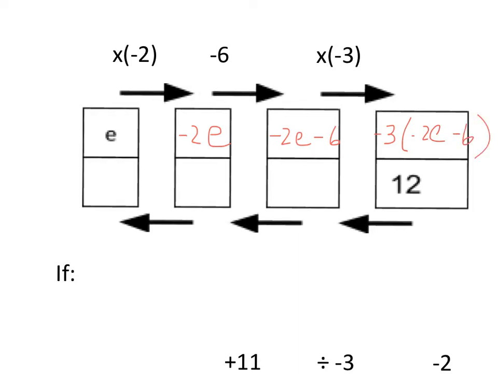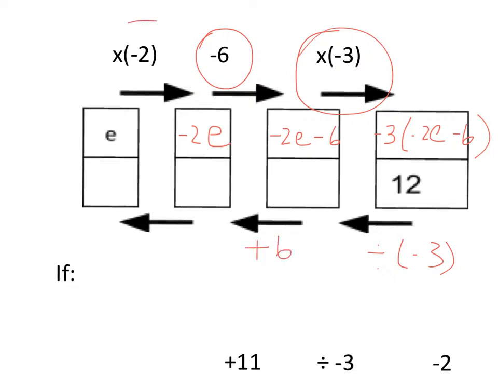So if negative 3 times negative 2e minus 6 equals 12, we can work out what e is by doing the inverse of these operations up here. Let's plug them in. So the inverse of multiply by negative 3 is divide by negative 3. The inverse of minus 6 is add 6.